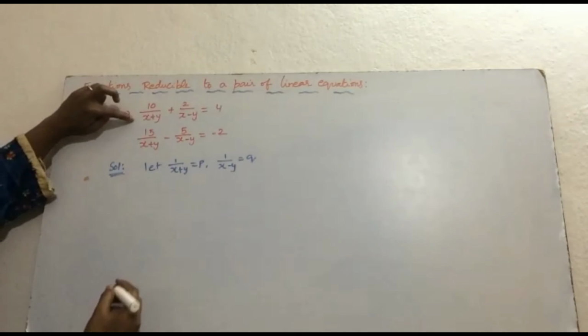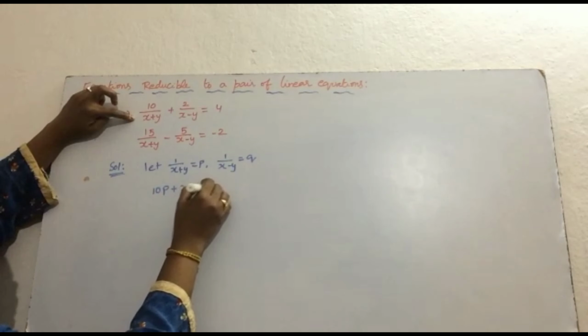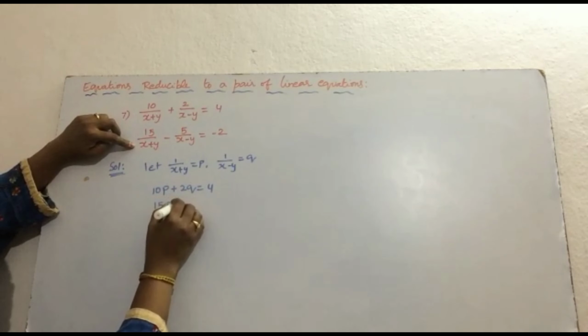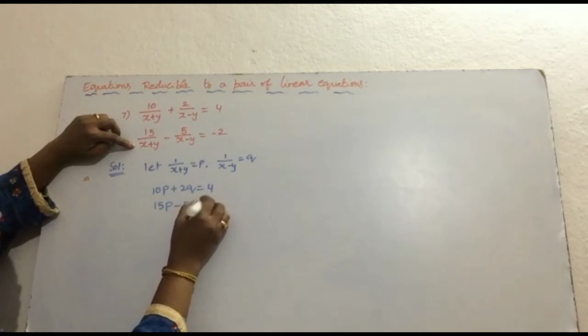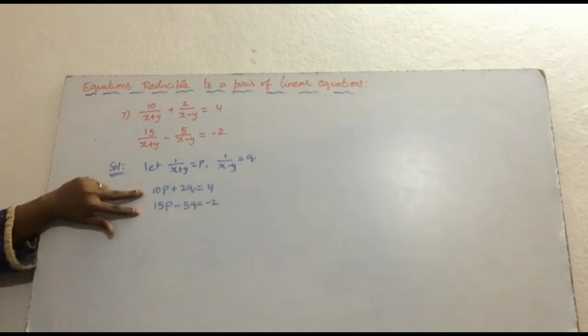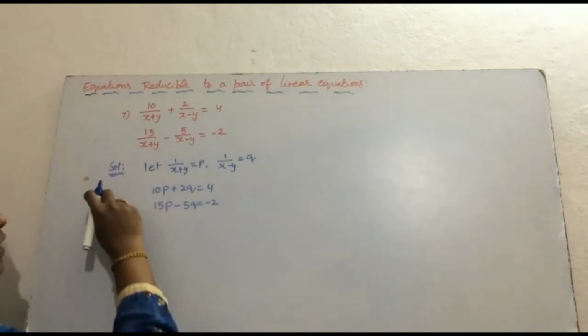Now this equation becomes 10p plus 2q equal to 4, and this equation becomes 15p minus 5q is equal to minus 2.